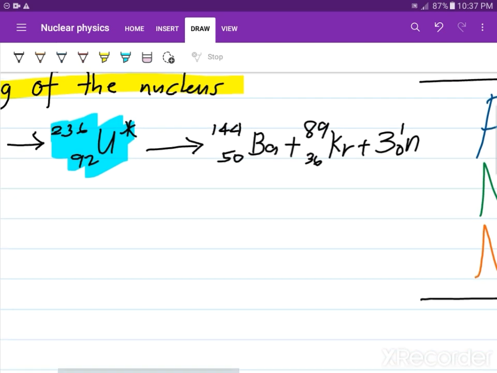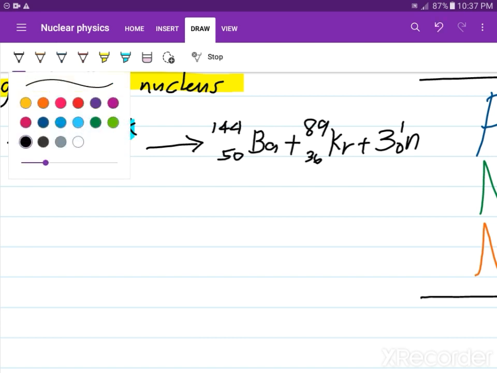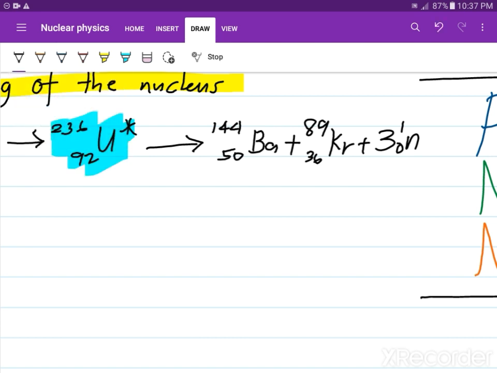Barium and krypton are not the only products that can be produced by nuclear fission of uranium-236. Sometimes it can also have other daughter nuclei. As an example, it can also split into xenon-140 and strontium-38 plus 2 neutrons.